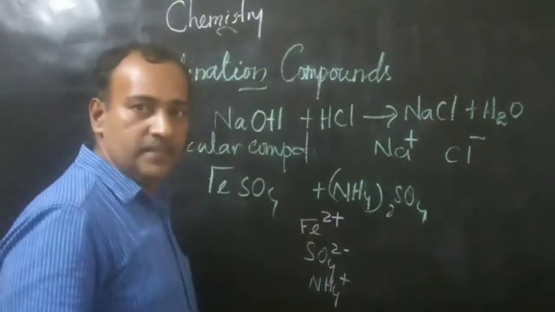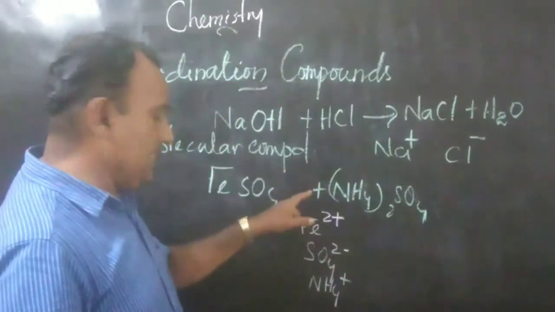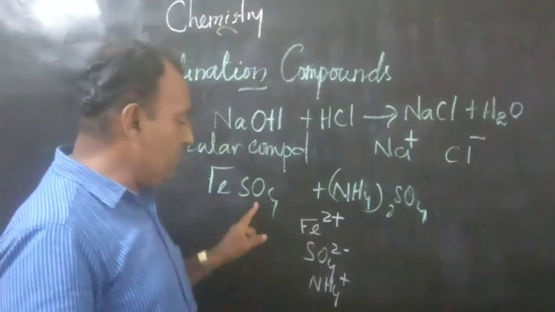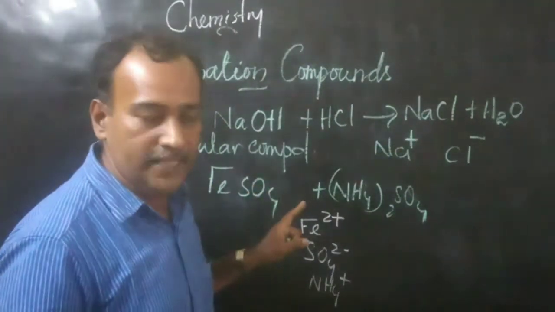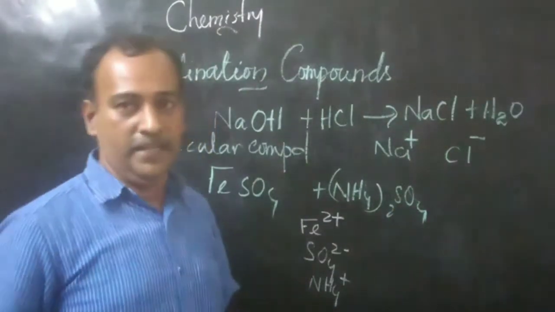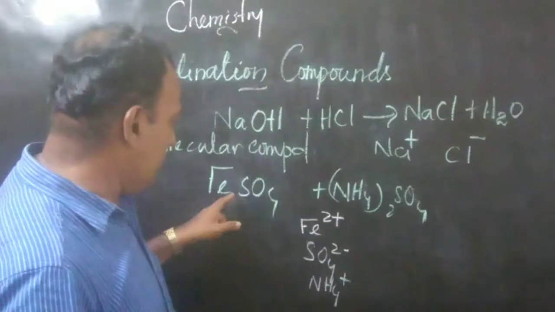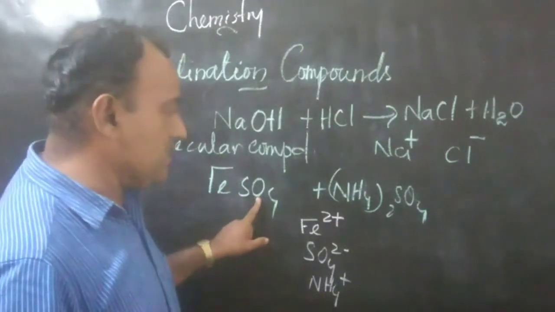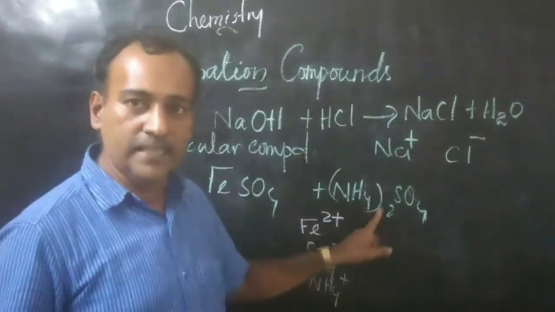That means it consists of Fe2+, sulfate ion and ammonium ion. Is any other ion present? Ferrous ion is present, sulfate ion is present, ammonium ion is present. Again sulfate only.